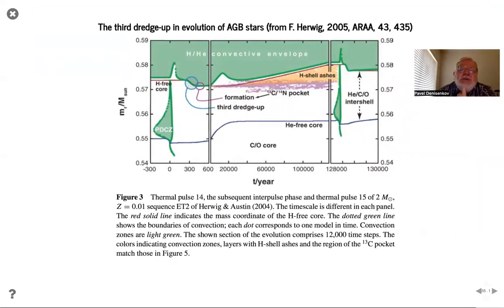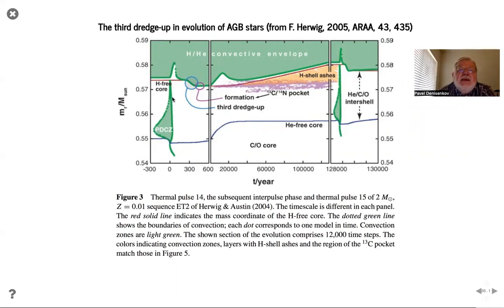Okay, so now this is about the evolution of low and intermediate mass stars on the asymptotic giant branch. As I mentioned, they experience from time to time thermal pulses of the helium shell. This is shown here. As a result of the helium shell pulse, the pulse-driven convective zone develops. This is PDCZ, which stands for helium shell pulse-driven convective zone.